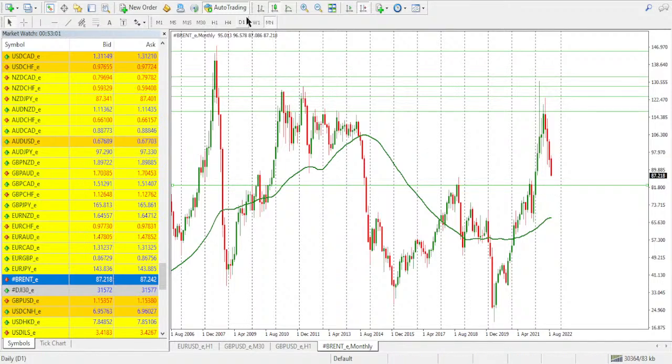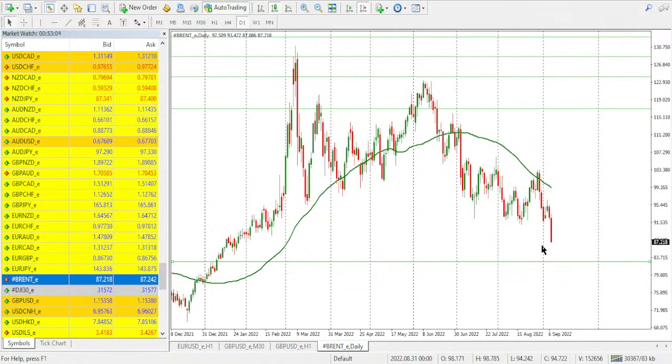So in the daily chart, we're in a downtrend, which is very good. We had a shape here in the past, and then you had another. So you can see that the price is actually breaking below this point.